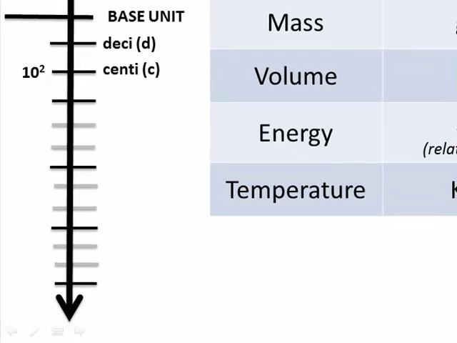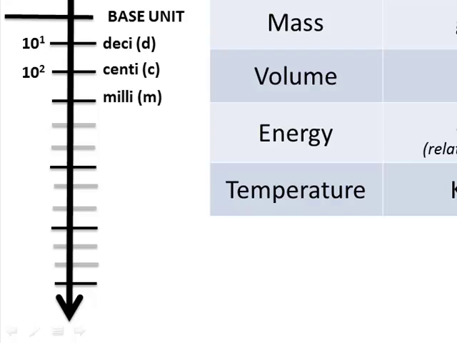You might have heard of deci before, and deci should make you think of decimal or decade, and that's because this is 10 times smaller than the base unit. So in other words, you can change your base unit into the prefix deci simply by moving your decimal point one place or multiplying by 10. That means you could have a decimeter, a decigram, a deciliter, and so on depending on the circumstances.